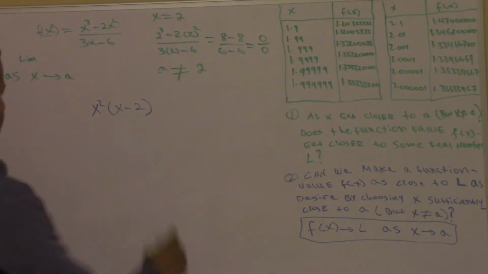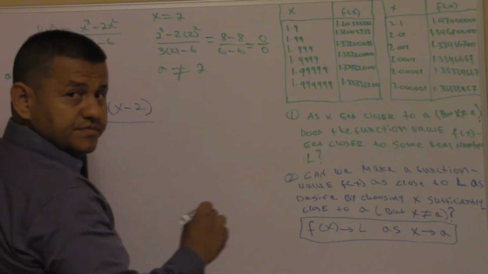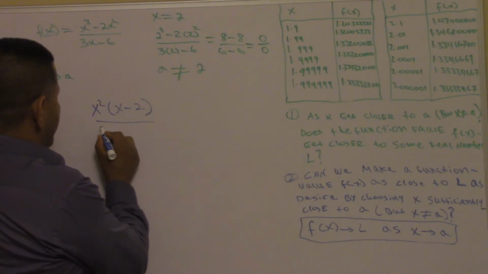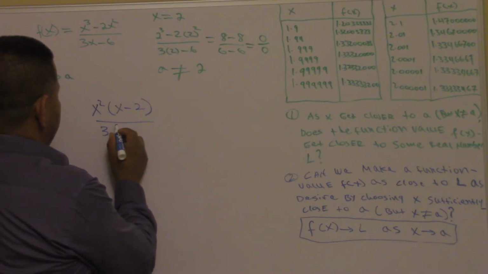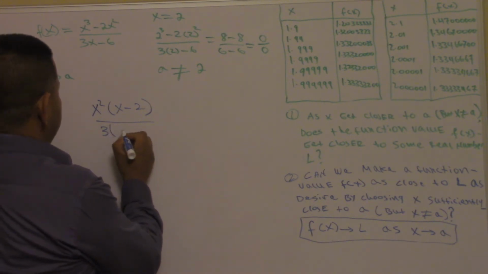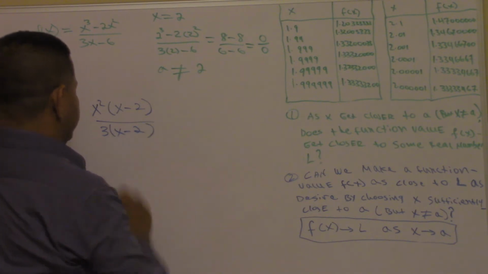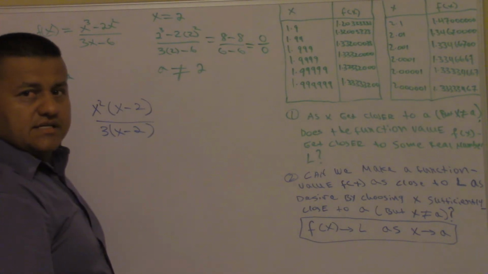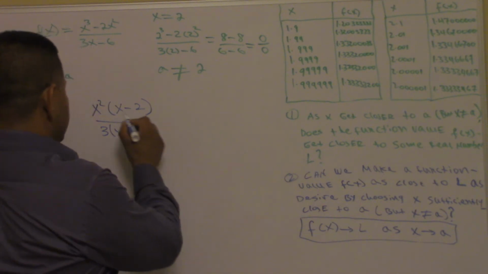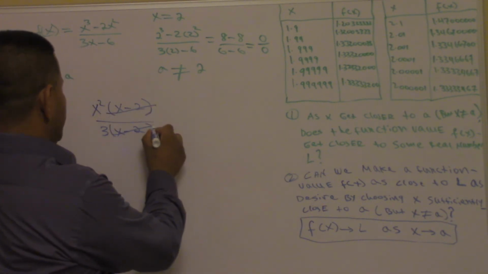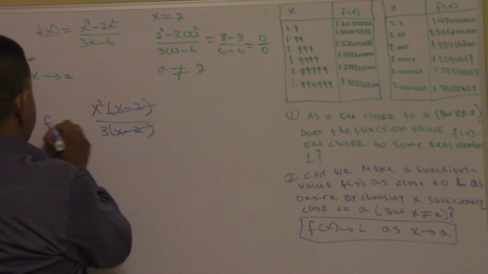In the bottom I get 3 times x minus 2, right? So notice that this x minus 2 with that x minus 2 cancels out, right?